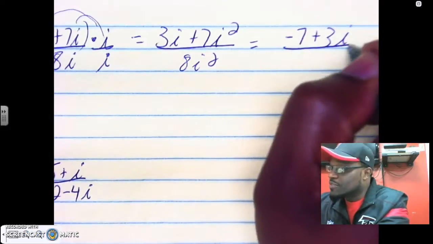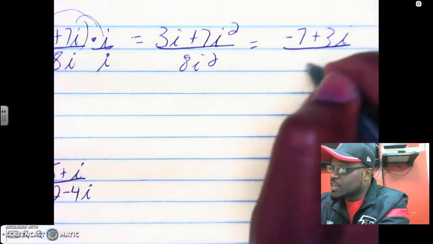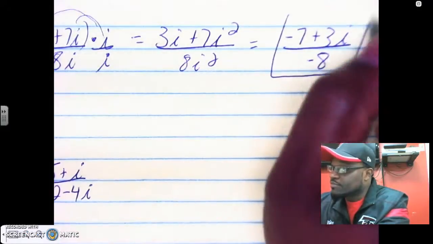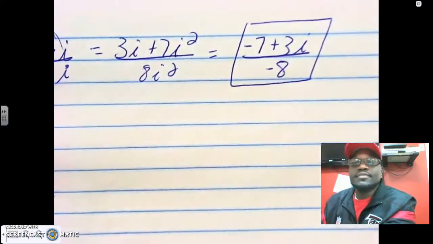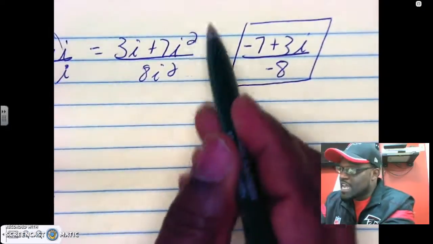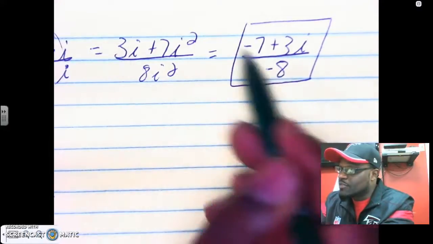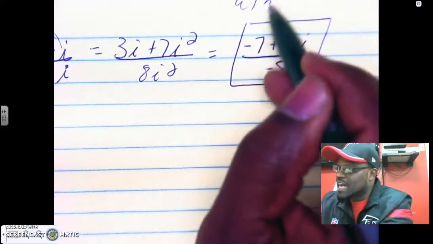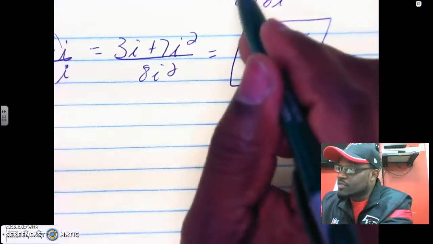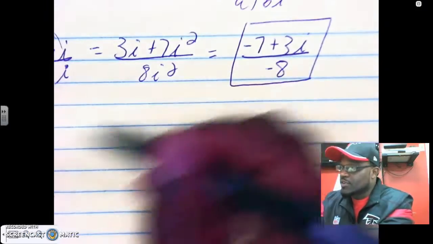Remember, a plus bi form? And 8i squared is really negative 8. Remember, that's negative 1 times 7. That's why this is negative 7. Why did I flip it in the front? Because, again, a plus bi form is what they're looking for. All right? So, that's simple enough.